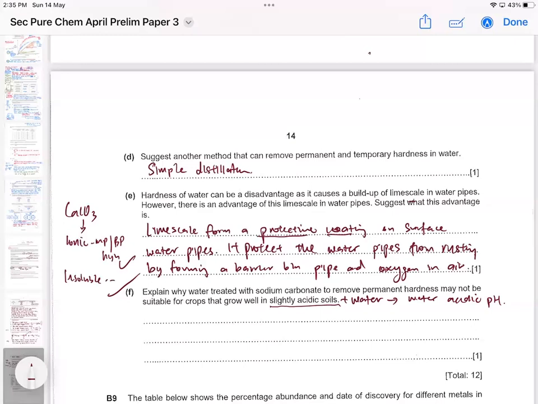And if you want to reduce the hardness of this acidic water, it becomes an issue. As we can see, it's the carbonate thing. So remember, what's the role of carbonates? To remove hardness, we want to form a precipitate. We want to PPT out the calcium or the magnesium. But if your carbonate gets reacted, then there's nothing to PPT. So the effectiveness will actually be affected.